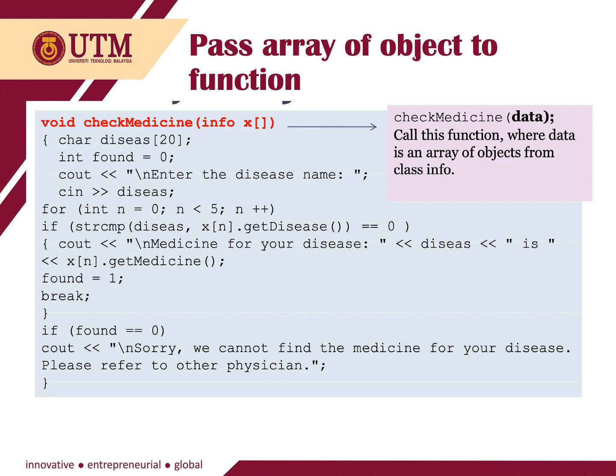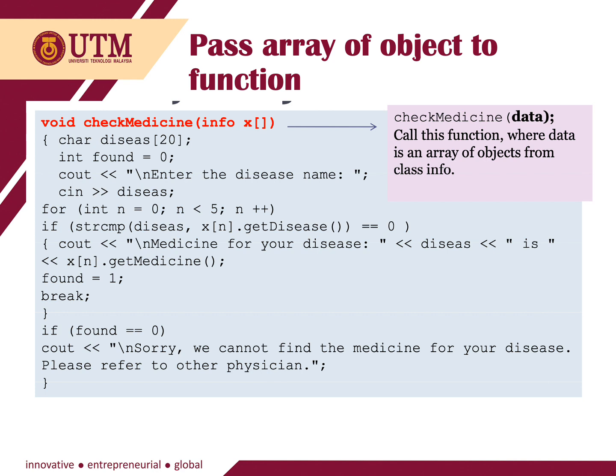All right, so the medicine for your disease is shown. If the program can find the exact disease that the user entered just now, it will print the medicine name. If not, let's say cancer, and the cancer is not in the array yet, right?